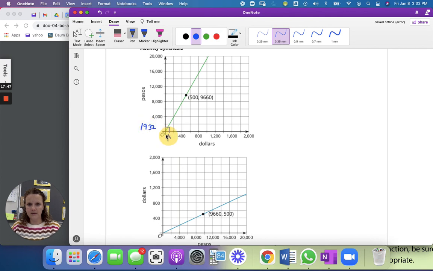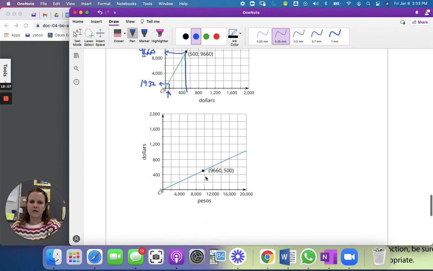So my input to my output. And then the other one we did was $500. So $500 input, output of 9,660 pesos. Now we can flip it and go the other way.